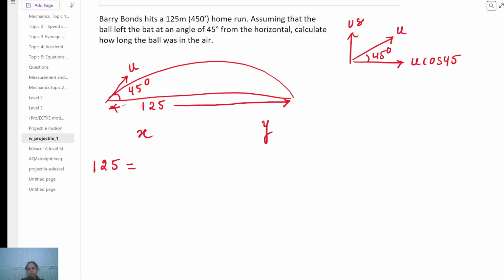So 125 is equal to u cos 45 times the time. I do not have u, I do not have t, so I have to use my y direction.